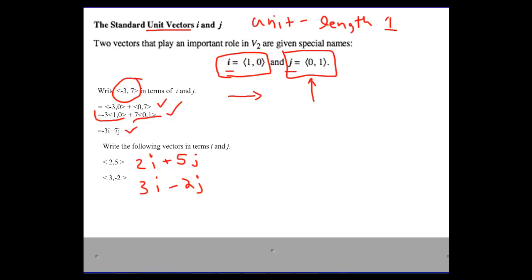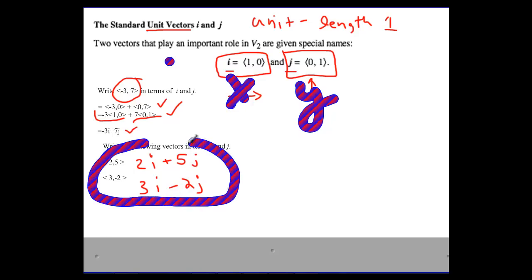Standard, meaning that i goes in the x direction, where the j is going in the y direction. And then we can express any vector in terms of i and j, and that was a really easy process for us.